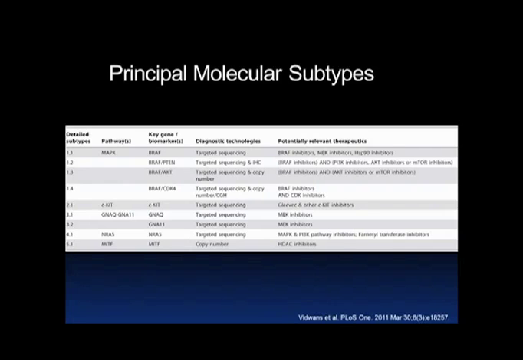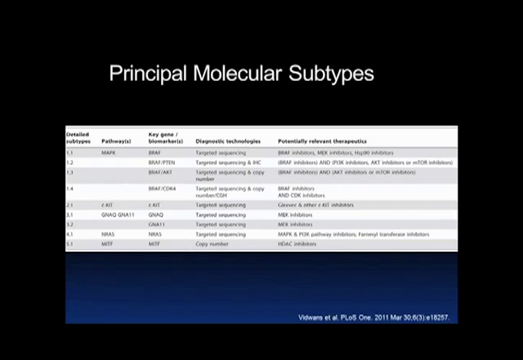And that goes from 1.1, 1.2, 1.3, 1.4 down to 5.1 on this slide. Those are the principal molecular subtypes. And they are divvied up by the pathways, the key gene biomarkers that are associated with it, and however you can diagnose those and what the potential relevant therapeutics are.